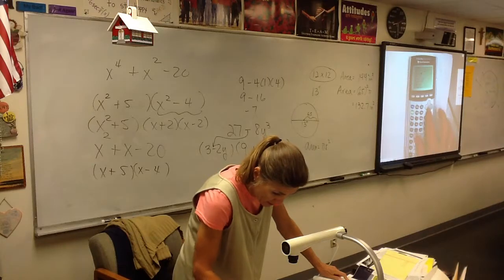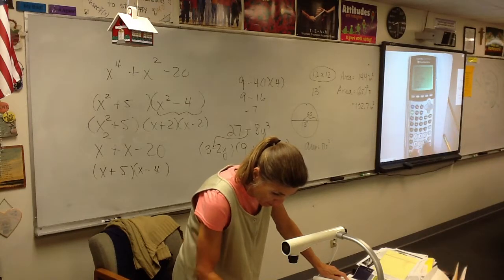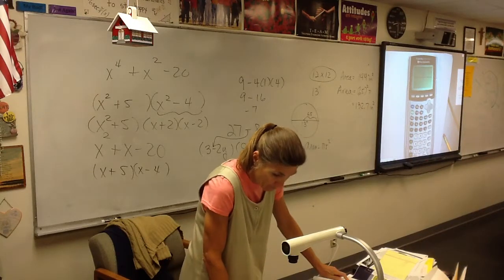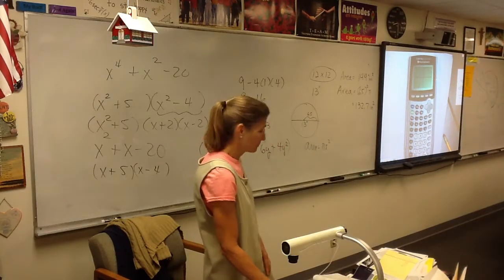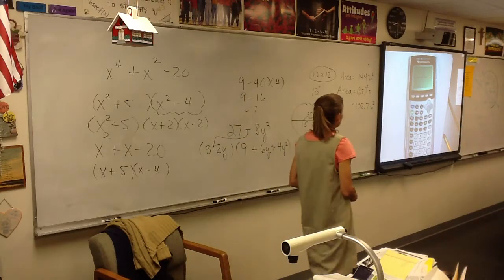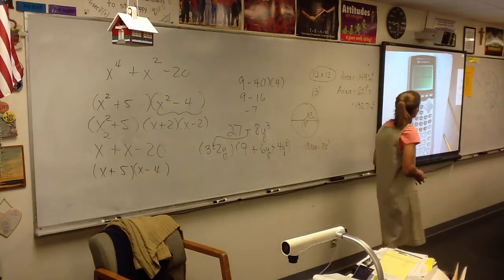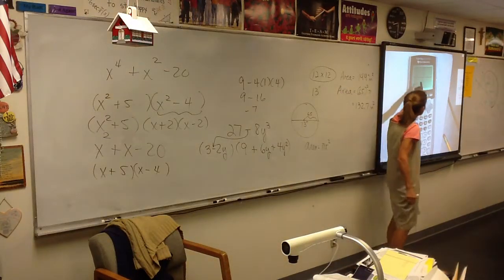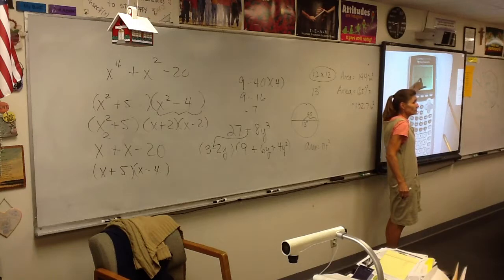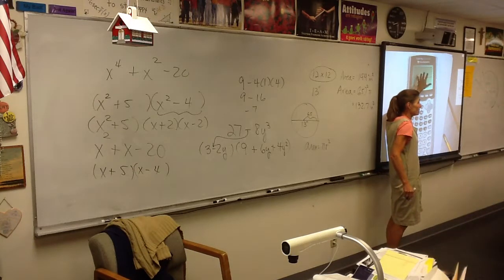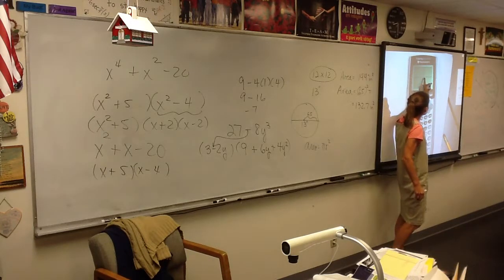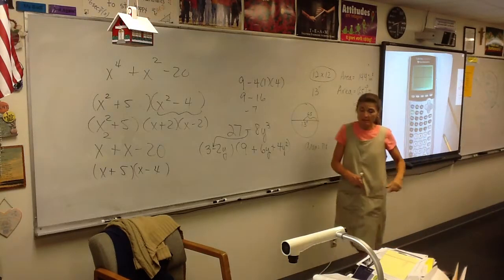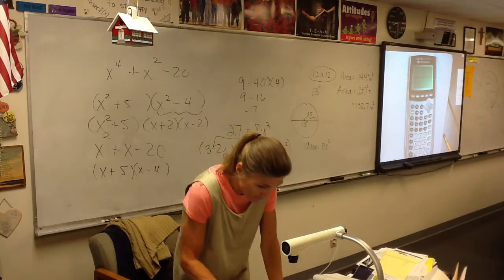I have no idea, so let's just start with a standard window, because that's probably what we would do if we were just graphing. I pretty clearly see I have a 0 right here. Do you? All right, so let's find that one and be done with it. Because this is a little confusing to me over here. I'm not exactly sure what's going on. We're going to investigate that. But let's find the 0 that we're absolutely positive is there.